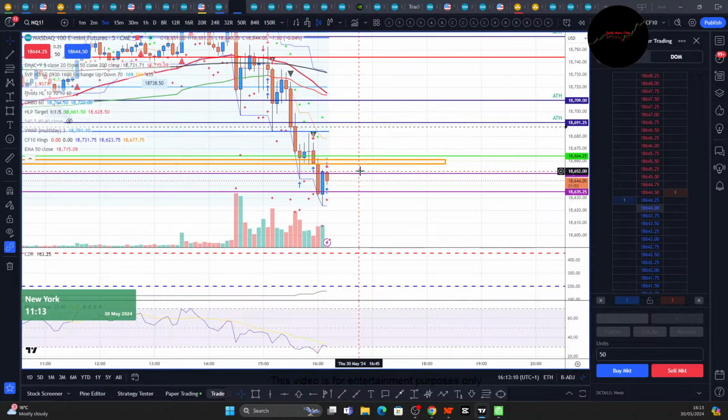See, the risk reward on that would be pretty good. Especially now. 47. Target 35. Stop at the highs of the candle.